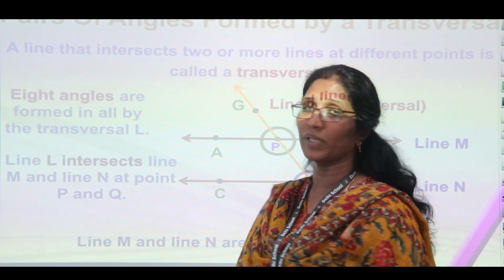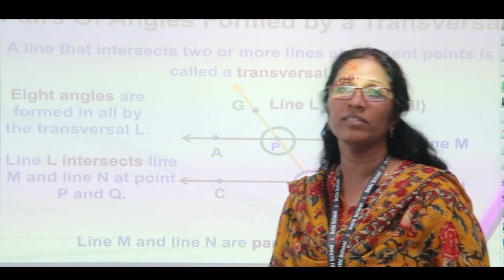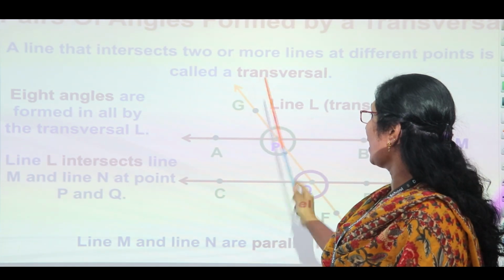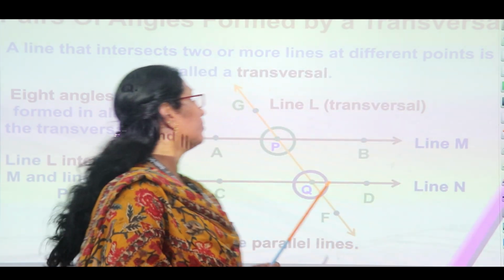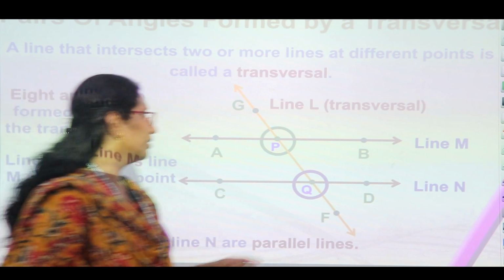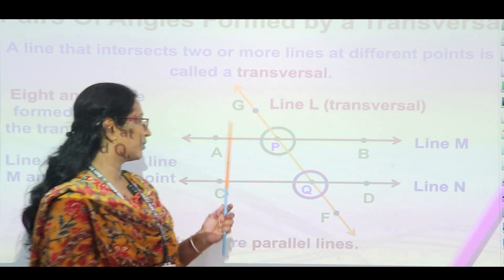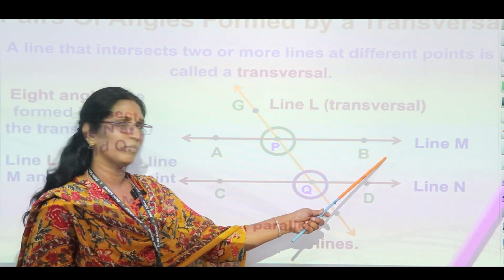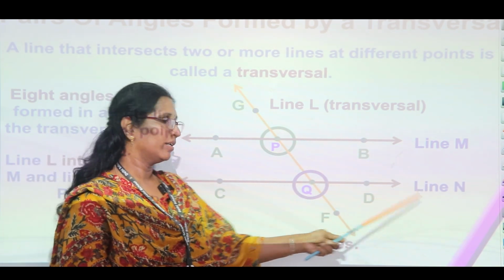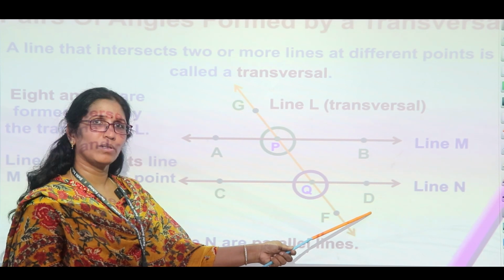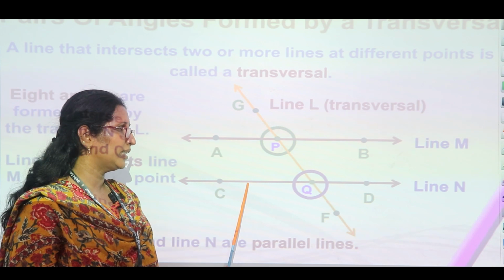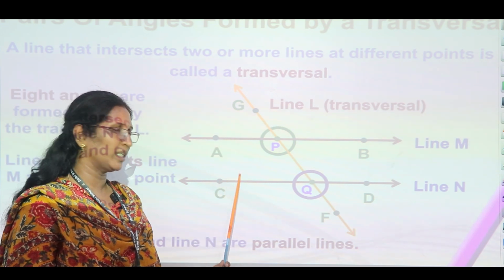Before going to that topic, let us first know what a transversal is. A transversal means a line that intersects two or more lines at different points. For example, you can see in this picture there is a line M using the points A and B, and one more line N where C and D are points on the line N, and the lines AB and CD are parallel to each other.